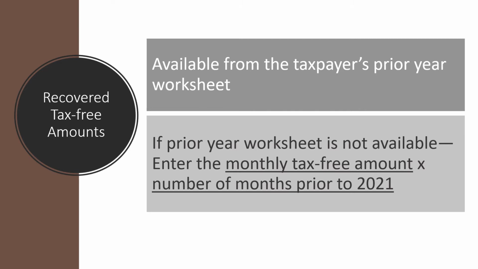And so regardless of whether they actually claimed on those previous returns that we know nothing about, that doesn't matter. What matters is that we are showing the same amount, the tax-free amount, based on the calculation times the number of months that they had been receiving these payments.